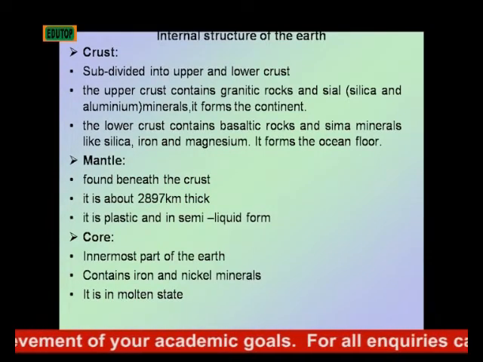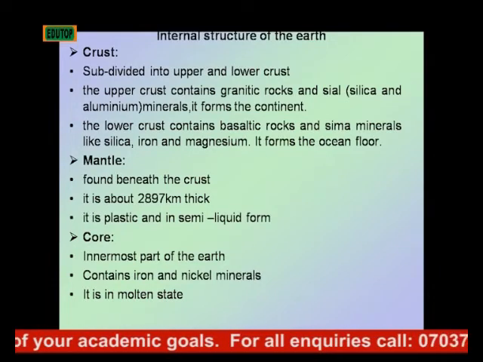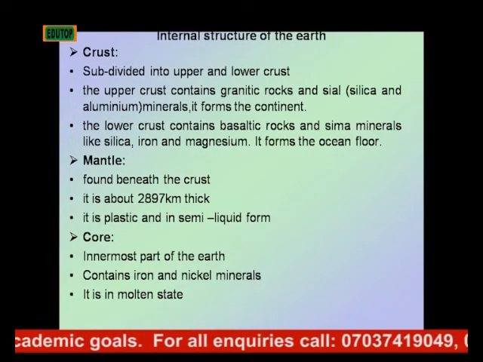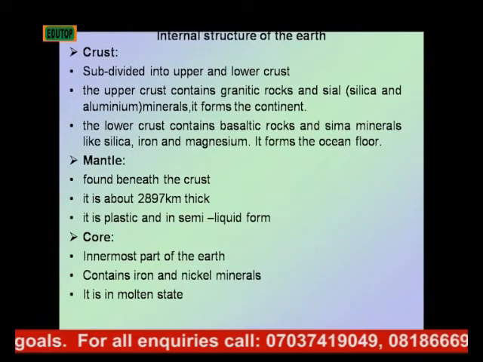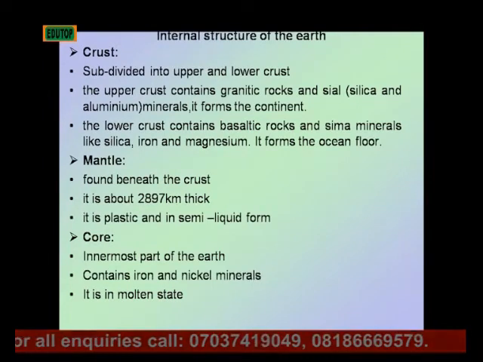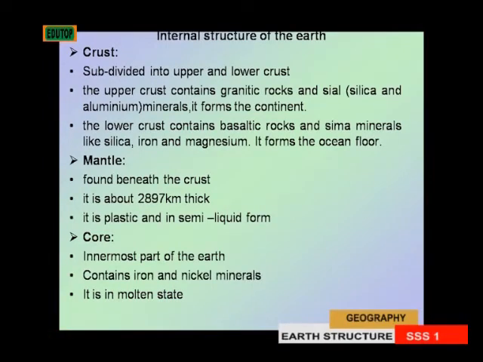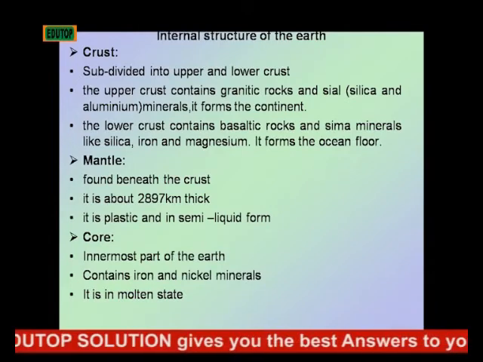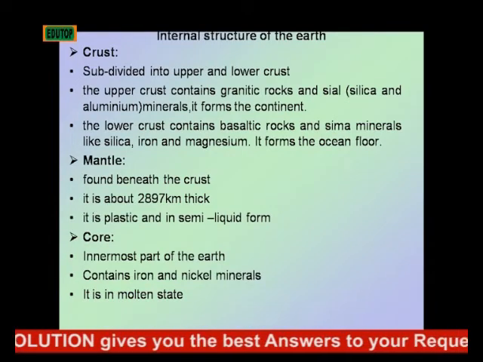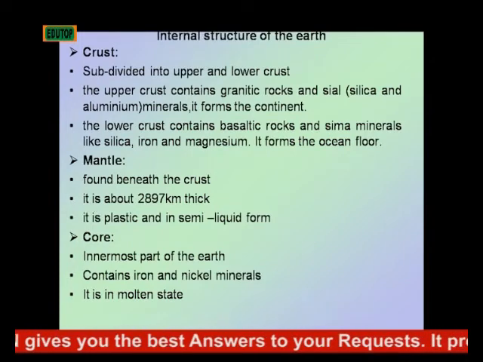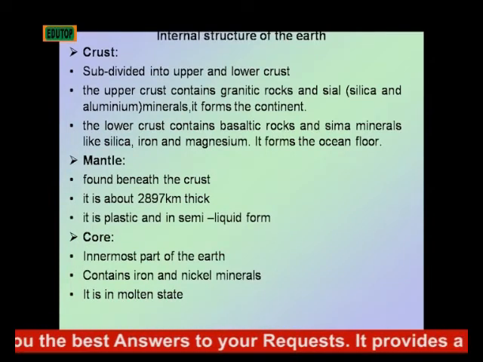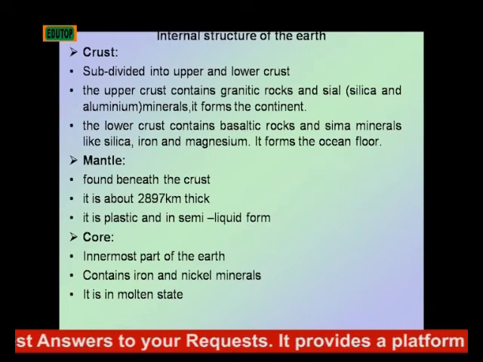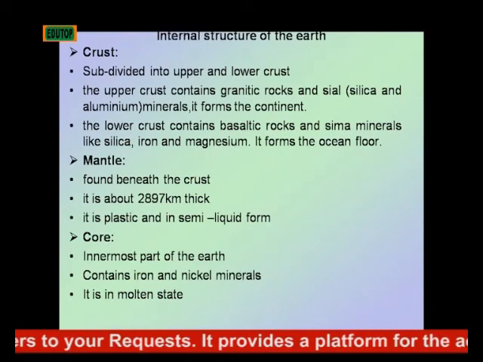That is why one very empirical proof to tell that you are in an oceanic environment is the presence of basaltic rocks. We have the mantle as another part or structure of the earth.